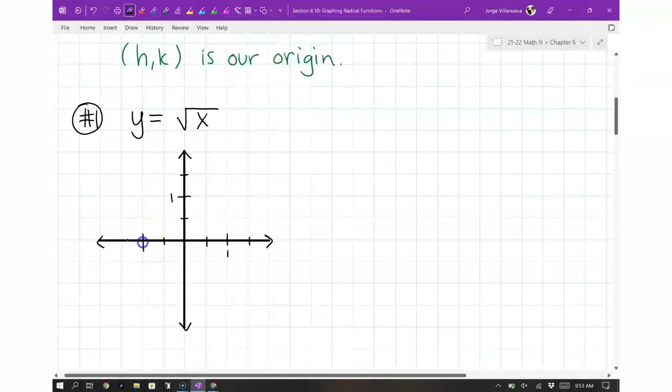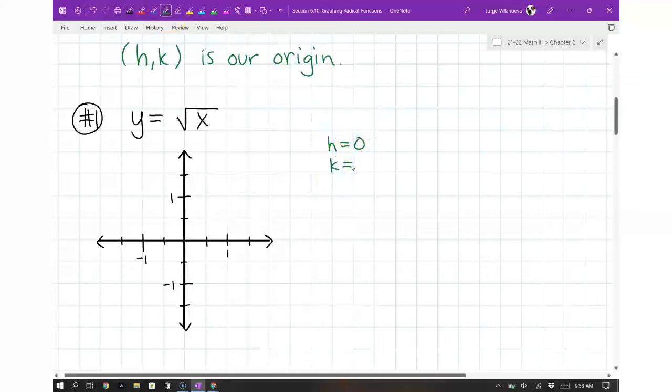I'm just going by halves. Okay? Now, look at my function that I have there. Does it have an h? In other words, am I adding or subtracting something to the x value on the inside? Do you guys see anything in there? Yes, no? No, right? There's nothing there. That means h is 0.